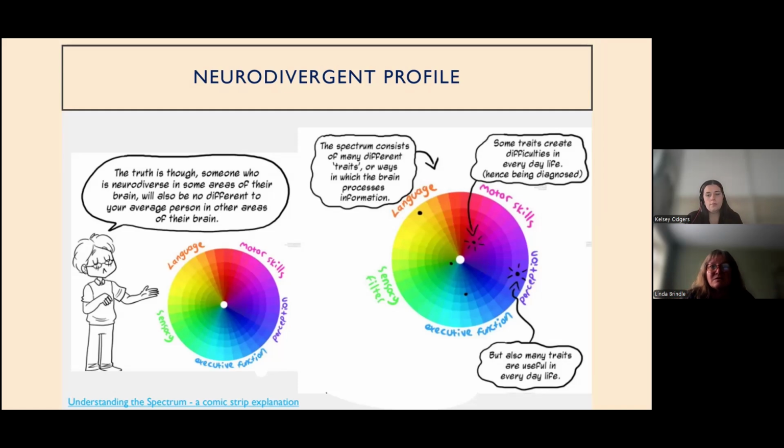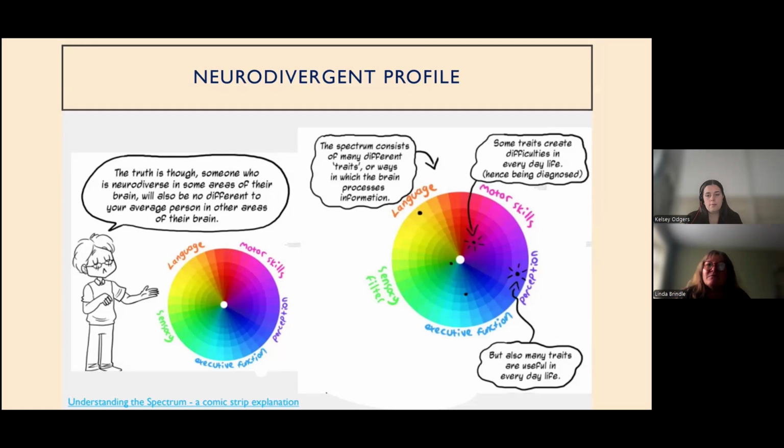and could really benefit from support. Now, this slide shows an example of something called the spiky profile. Autistic people are sometimes described as having this spiky profile of skills, which means they might be very skilled in one area, but need a lot of support in another.